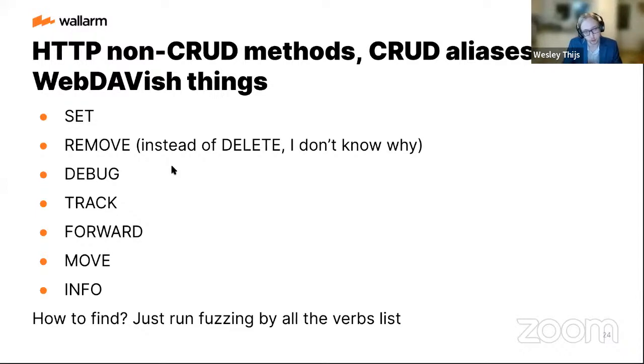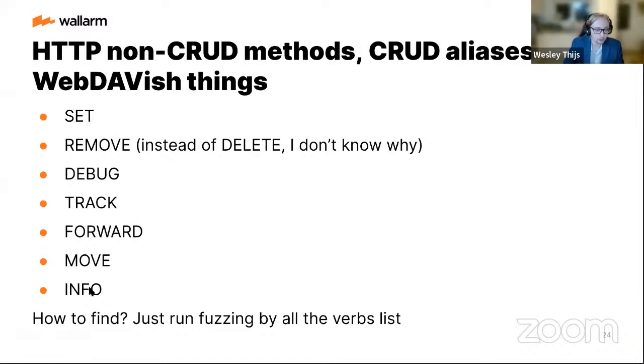So that's also possible. To remove right here is another verb for the delete method, but nobody knows why that's implemented. There's no special, or at least we don't know why it's implemented. There's no specialty there. There's the set method, you have the debug method, track, forward, move, and info.